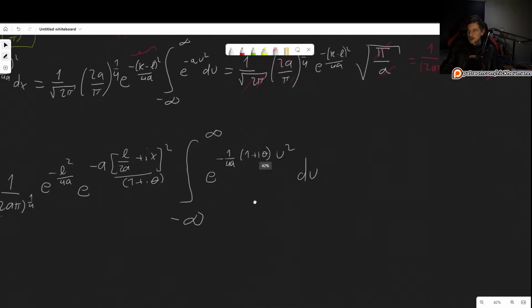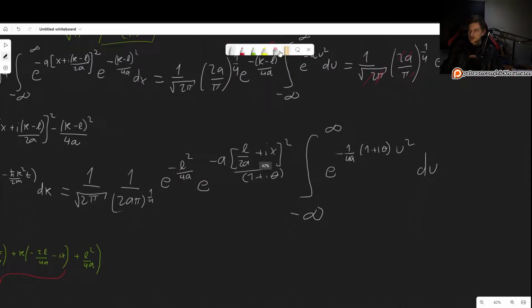Okay, so this integral is simple. It's a Gaussian integral. So that is the square root of pi divided by what was in front, I mean, right? We had e to the minus something times u squared. And this pi is divided by that something. And that was 1 over 4a. So we get 4 up here, 4 pi a, divided by 1 plus i theta.